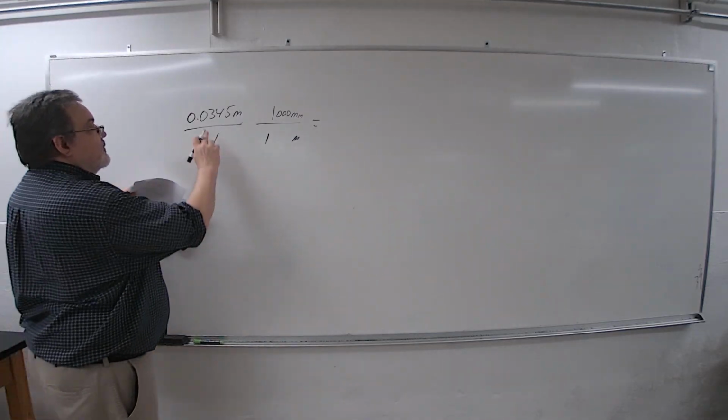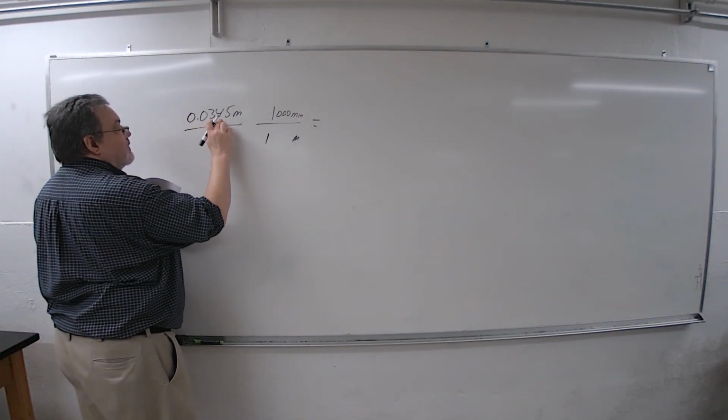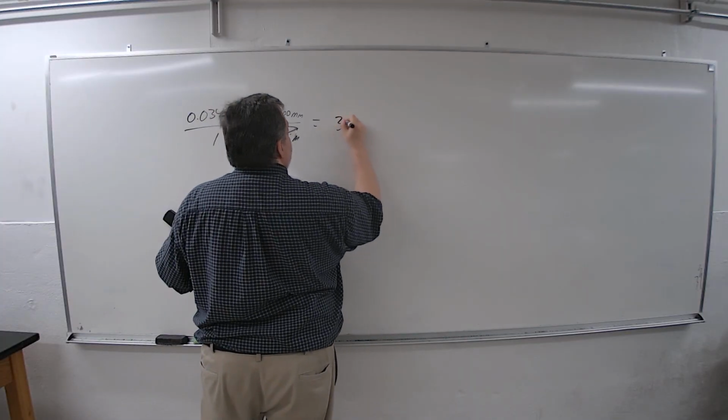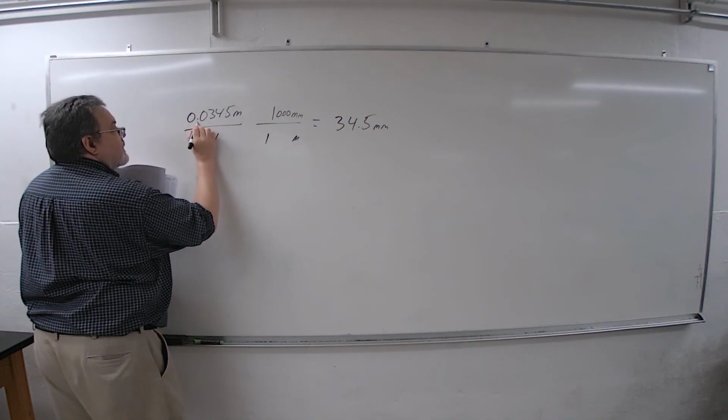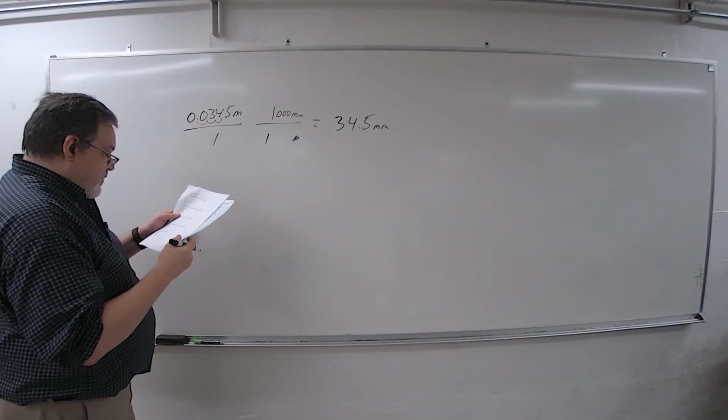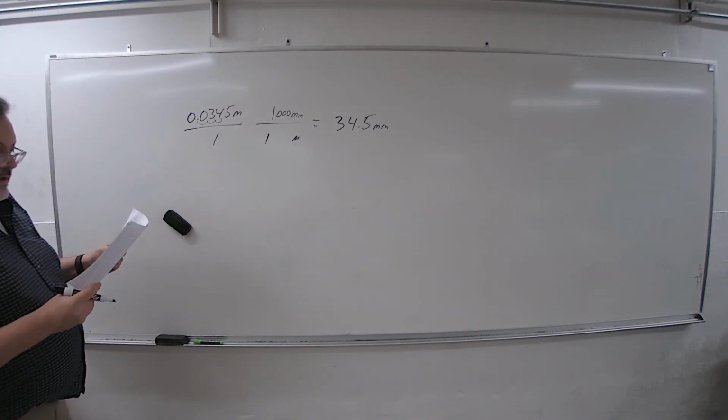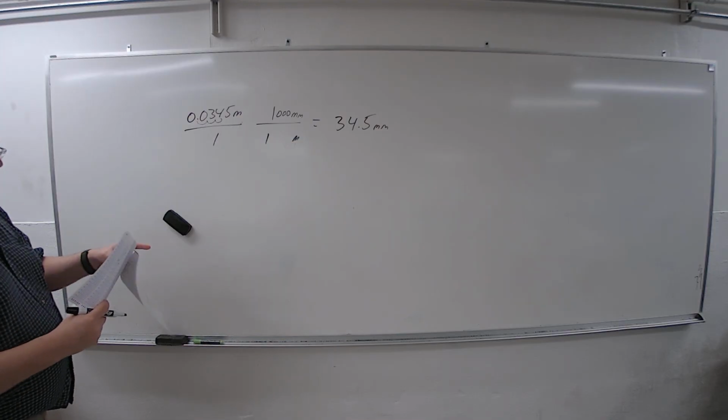That is your conversion factor. If you multiply this by 1,000, 1, 2, 3 millimeters. So that was B.